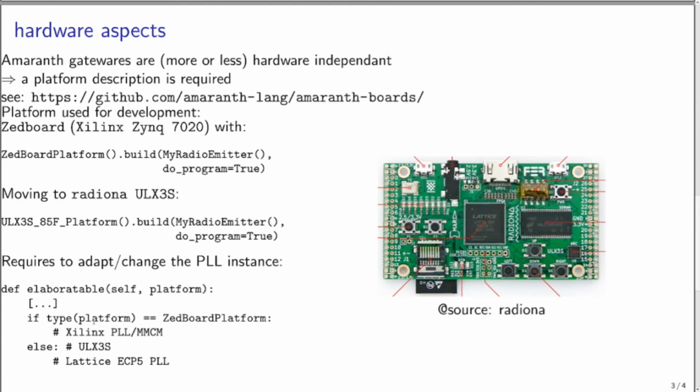By using type with platform as a parameter, it's possible to compare this with the platform type. For example, if it's equal to the Z-board platform, we have to use a Xilinx PLL or MMCM. Else, we use the ECP5 PLL specific block. And of course, it's possible to extend this list by using another test to use with another platform.